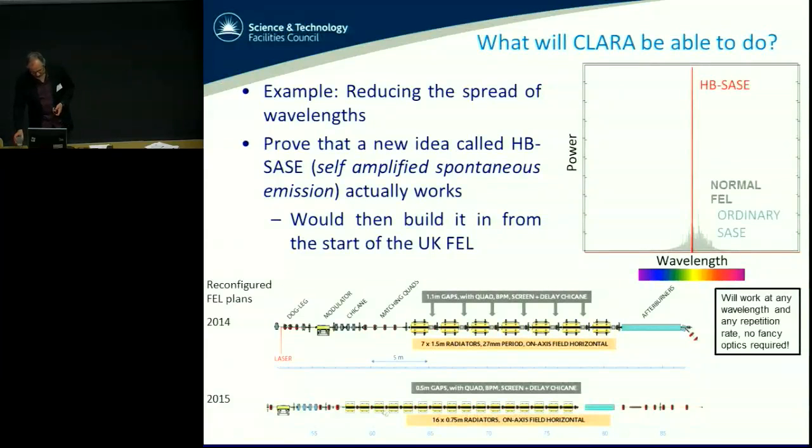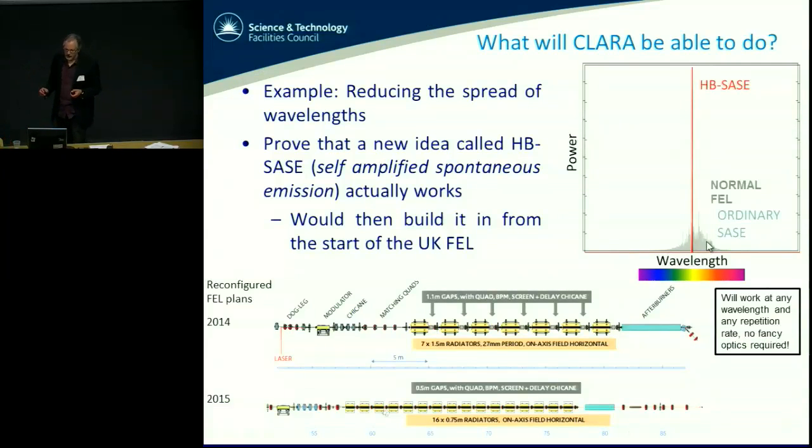Right. So, yes, two techniques that are homegrown at Daresbury that are, as I understand it, world-changing would be this high brightness SASE, self-amplified spontaneous emission. So down here you see, this is what I said, shot to shot, pulse to pulse, you get this wavelength spread.